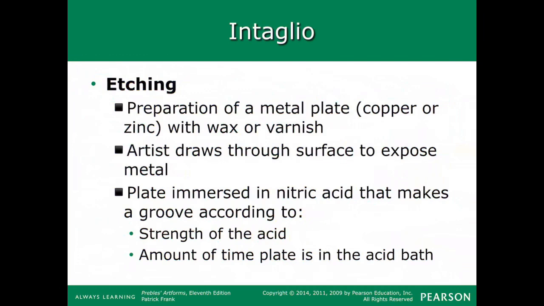So what happens during etching is that once the drawing is done, the lines are cut into, some of the metal is removed, and that plate is then immersed in nitric acid, and that makes grooves really based on the strength of the acid and the amount of time that the plate is in the acid bath. So when it comes to etching, remember that there is a process where they're using nitric acid.